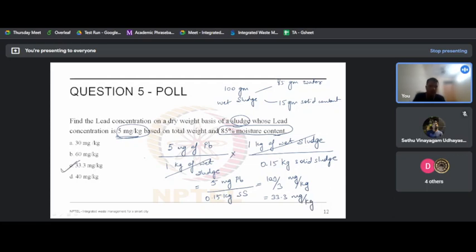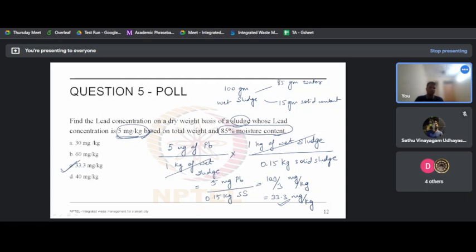It should be noted here that when we were considering wet sludge, we had the concentration of only 5 mg per kg. But when we took the sludge on a dry weight basis, that is the solid sludge, the concentration increased by almost 6 times. This indicates that the concentration of these critical pollutants will be much higher in the case of sludge on a dry basis.